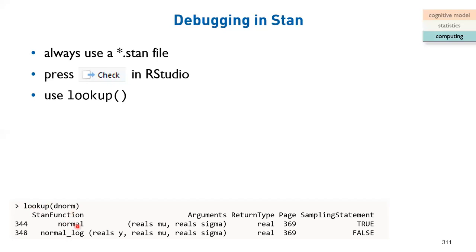This one is normal, the name of the distribution that we have seen many, many times. And then this one is to calculate the log of the density, and also takes different input arguments. And then this one is actually from the old output. Nowadays, if you look up dnorm, you will see a different one, because this one is replaced. And I think I need to change this. This one nowadays is LPDF, log probability density function, instead of calling it log, okay?